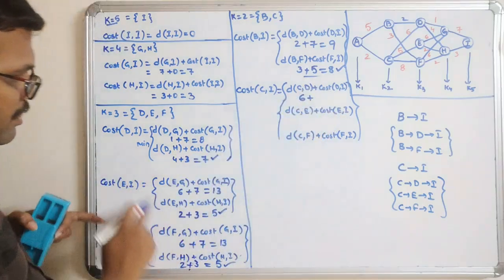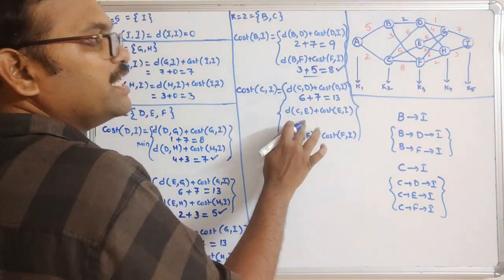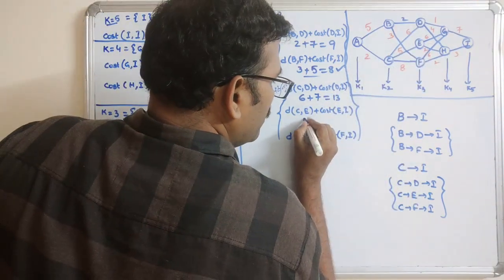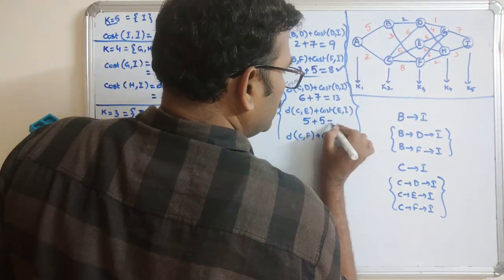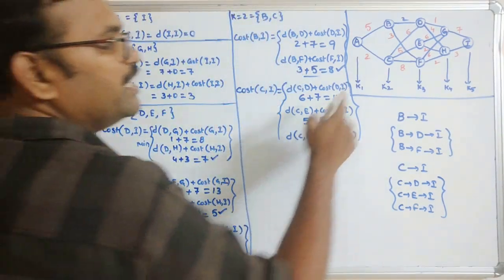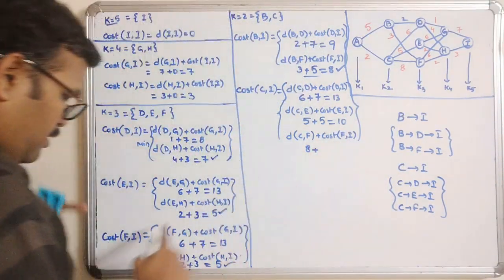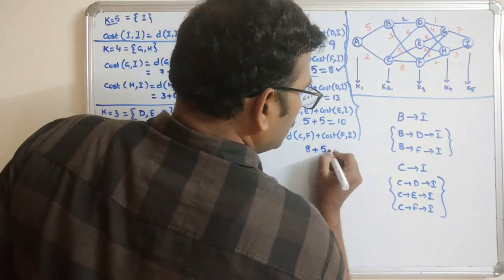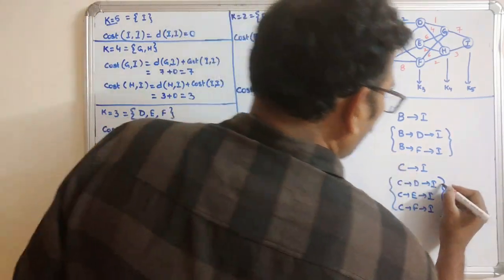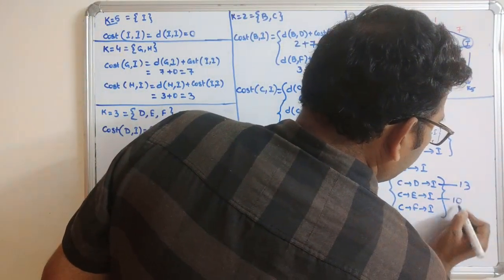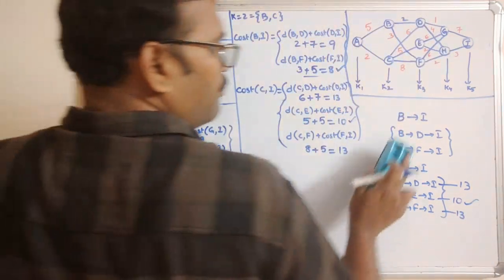What is DI? So here 7, which is 13. D of CE, C to E, it is 5 plus EI, which is again 5, which gives a 10. And D of CF, C to F, it is 8 plus cost of FI, again it is 5, so which is a 13. So among these three, which one is the minimum? Obviously 10 is the minimum. So we got 13, here it is 10 and here it is 13, so 10 is the minimum. So we are considering the 10 as a value.